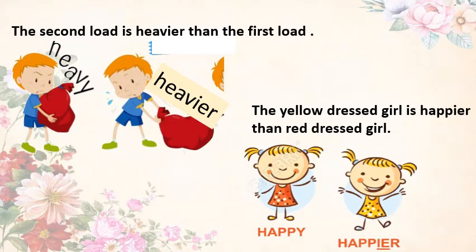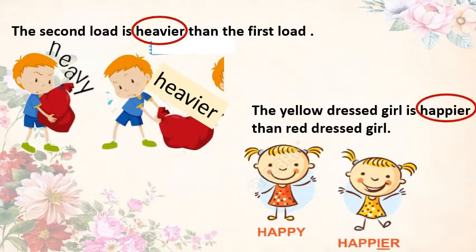See here, two girls, they are happy, but the yellow dressed girl is happier than red dressed girl. We can see her feelings. Here also we added IER to both the positive words. Means heavy, we made it heavier, and here happy, we did happier. We replaced Y with IER.